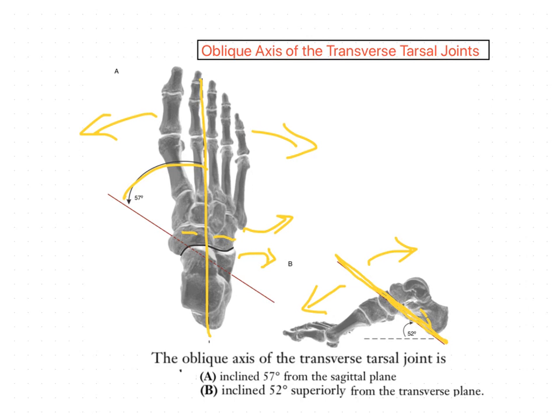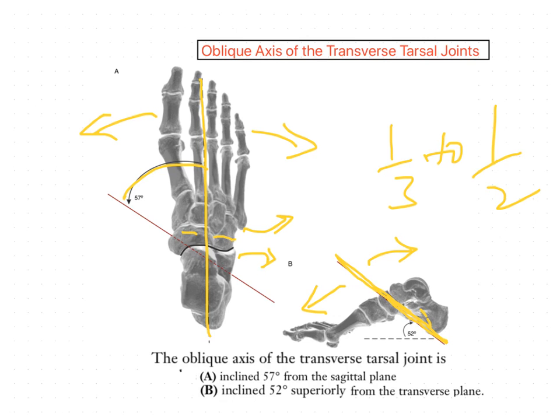The longitudinal and oblique axes together provide a total range of supination and pronation of the talus and calcaneum which is about 1/3 to 1/2 of the subtalar range of motion.